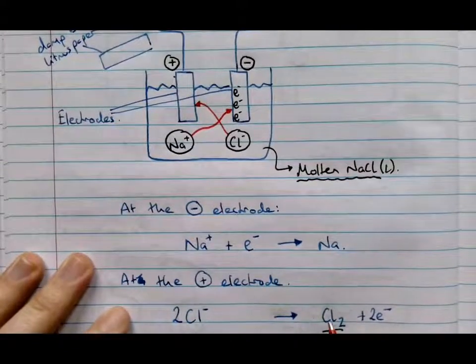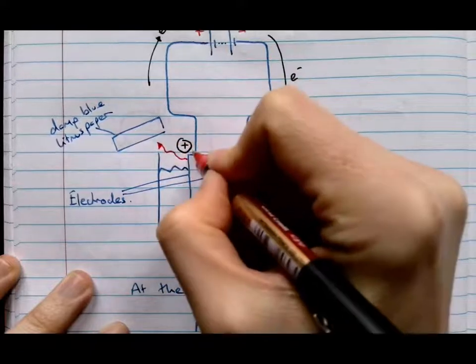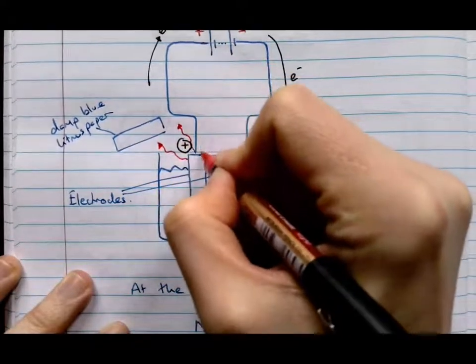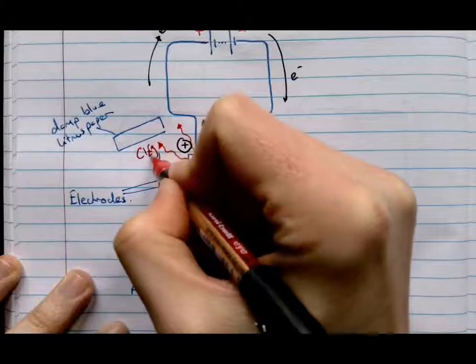So this is Cl2 gas, and that will bleach the colour out of that. So it removes the colour from the damp litmus paper, and that is a test so that you know that this is happening.